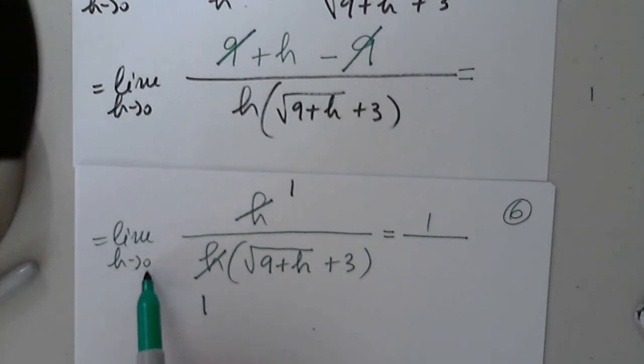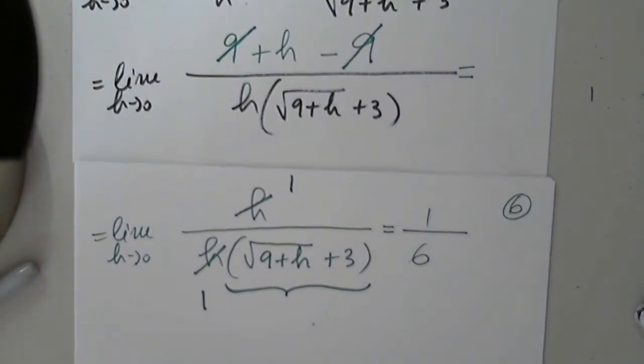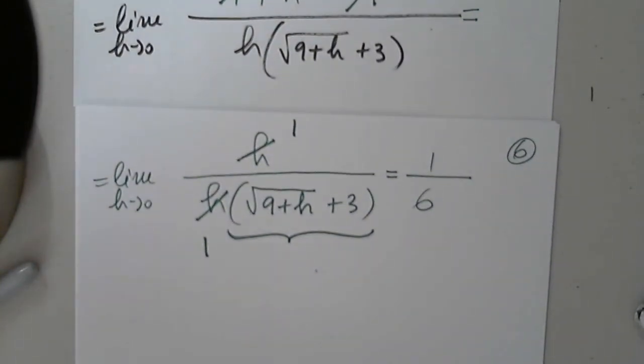H approaches 0. 3. So from here, I have 9 plus 0, which is the square root is 3. 6. 6, indeed. Very good. Any questions? How did we get 6 on the bottom just now? H approaches 0.